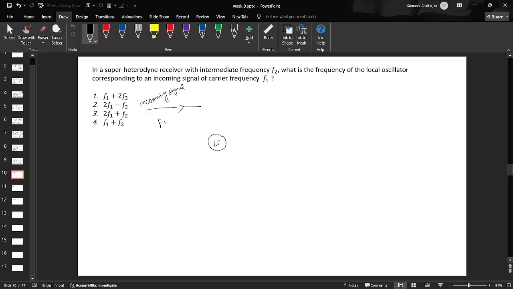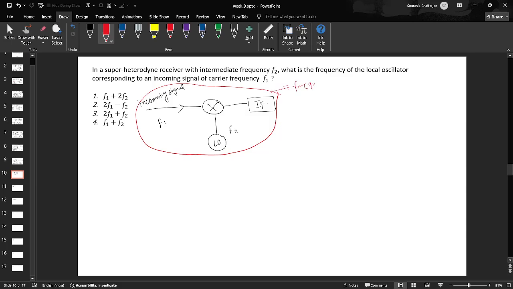At the receiver side, you have a local oscillator which has a frequency f2. You are using this and obtaining the IF, for intermediate frequency. So this entire procedure is known as frequency mixing.